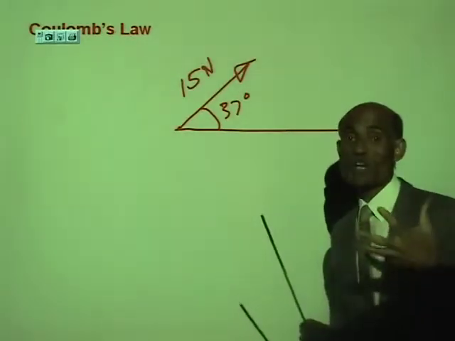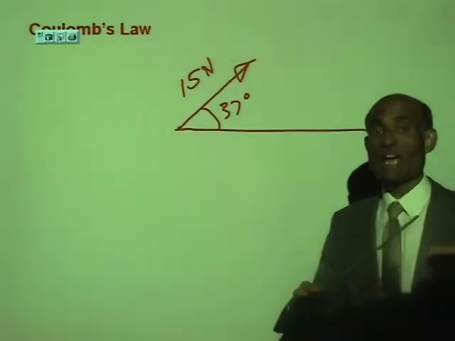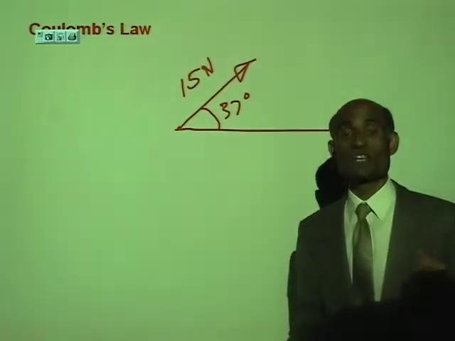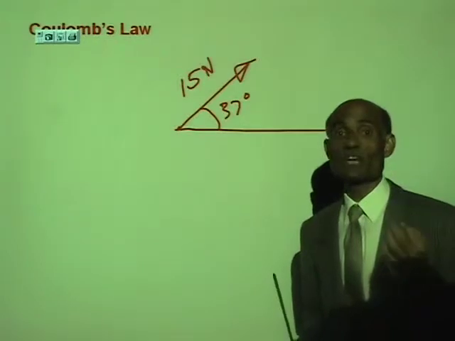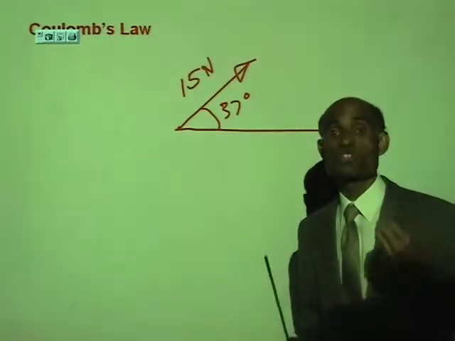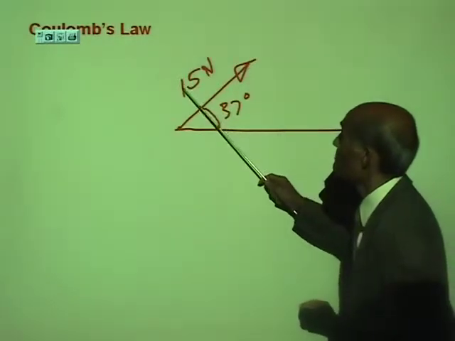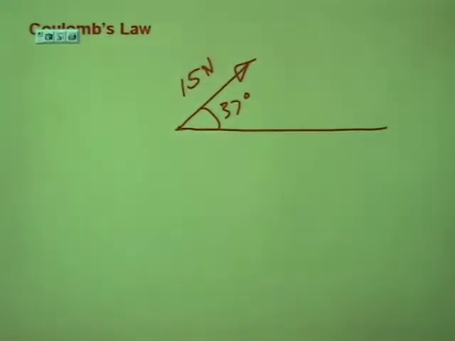We used the concept of unit vectors. Do you remember that a vector of one unit along the x-axis is called i, and a unit vector in the y direction is called j? Therefore, what are the components of this vector, 15 Newton at an angle 37 degrees?